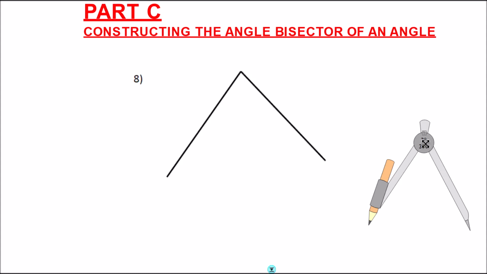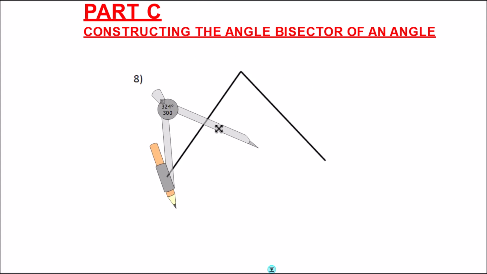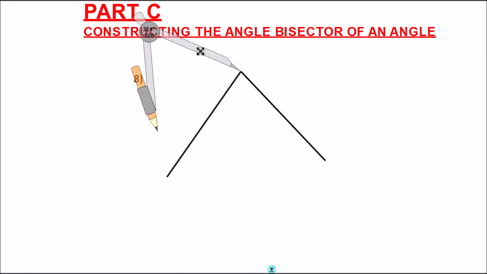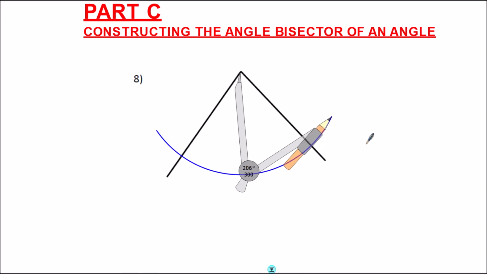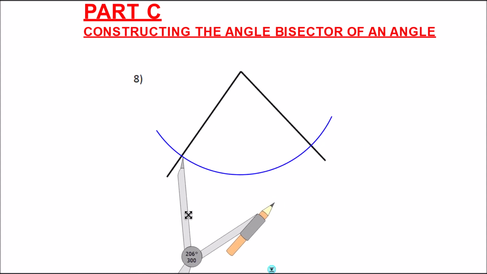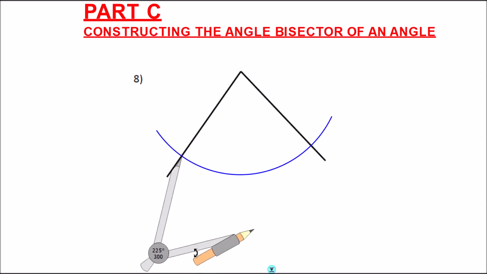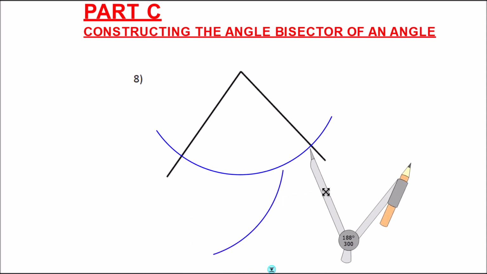Question 8. So we're going to put the compass where the angle begins, a big curve that cuts both lines of the angle, then moving down to where the compass cuts one line, we're going to do a curve like so, and then the same at the other end here.